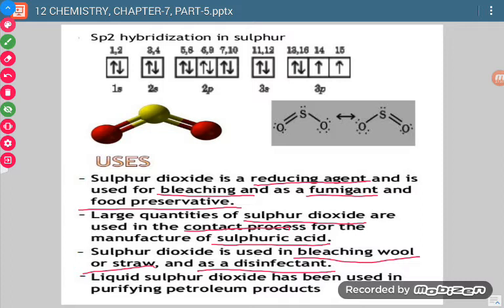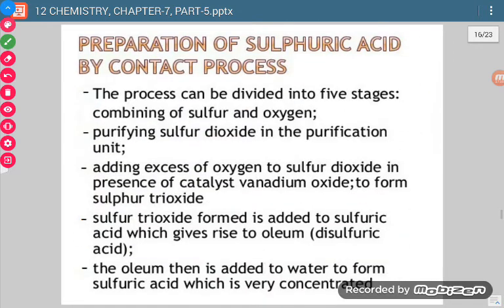Liquid sulfur dioxide has been used in purifying petroleum products. Now it comes to the most important topic, which is the preparation of sulphuric acid by the contact process.